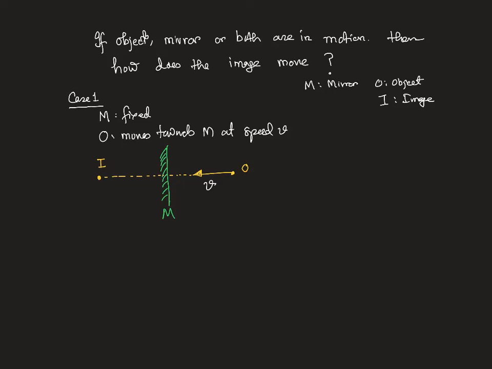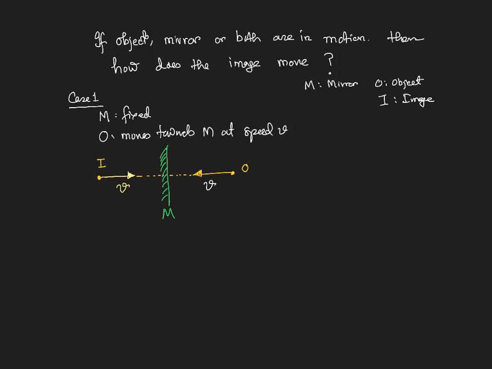What is the velocity of the image then? If the object moves with a velocity v towards the left, the image moves with a velocity minus v, towards the right. Simple.